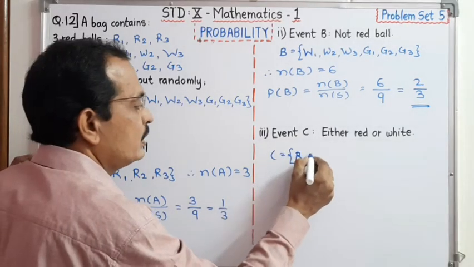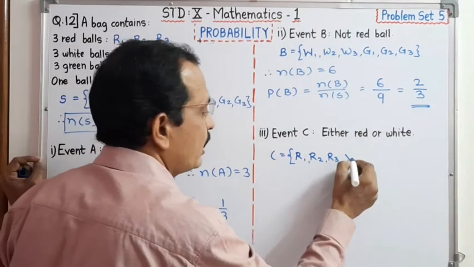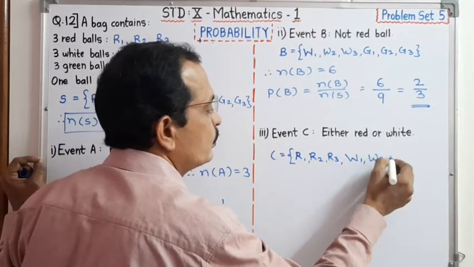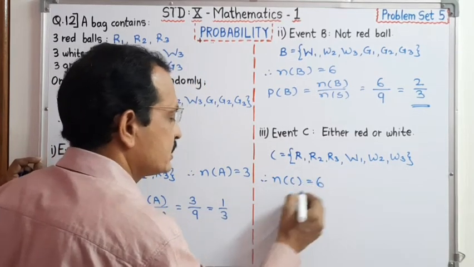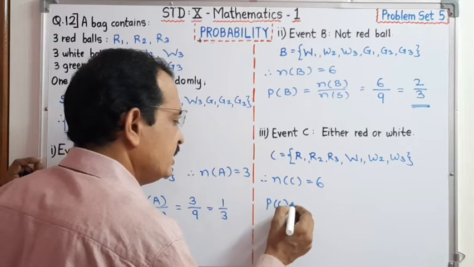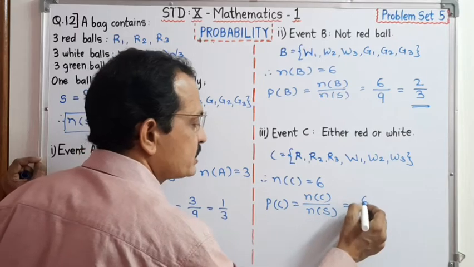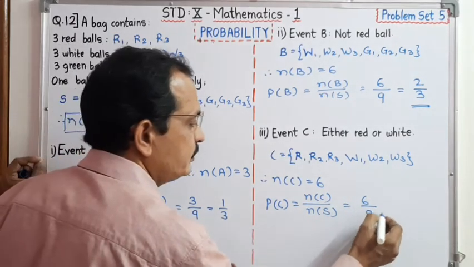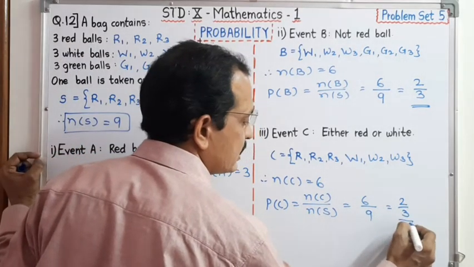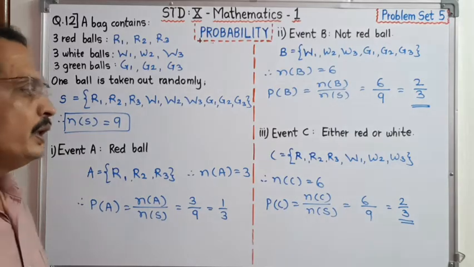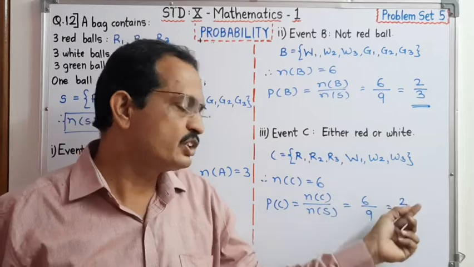Red may be R1, R2 and R3. And what about white? White are W1, W2 and W3. Therefore the number of C is equal to 6. The probability of event C is equal to number of C upon number of S. Number of C is 6 and S is 9. Dear student, simplify this, 3 twos are 6 and 3 threes are 9. Therefore the probability for the event that the selected ball is either red or white is 2 upon 3.